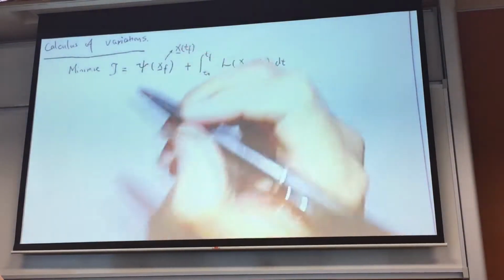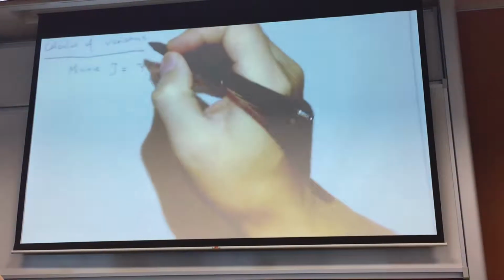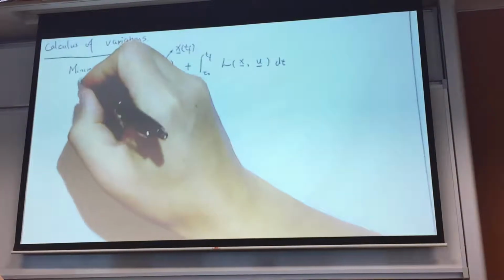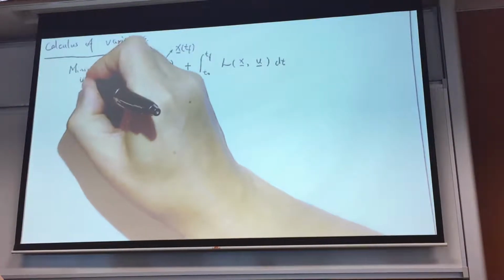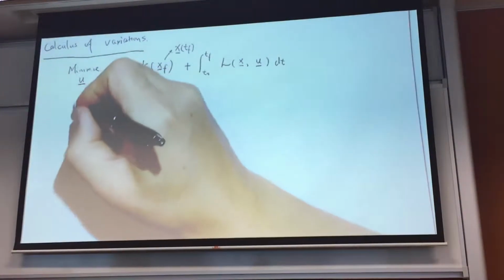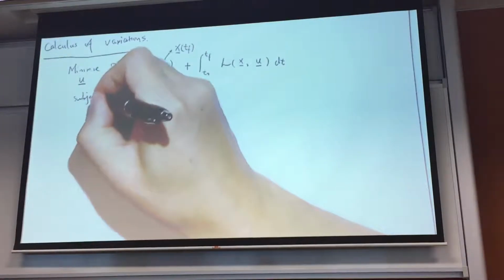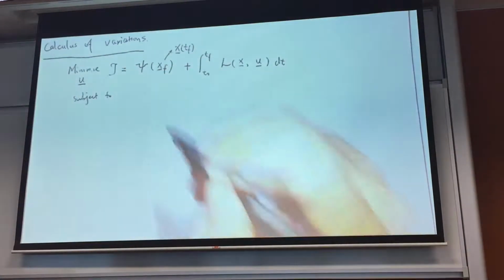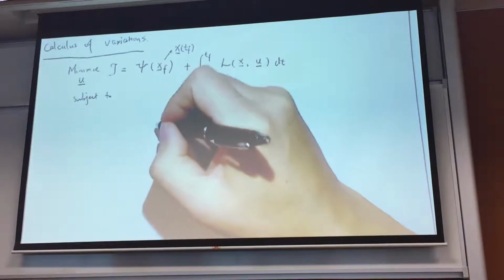So this is the function we want to minimize. So minimize this function in terms of this u, subject to the dynamics of the system.